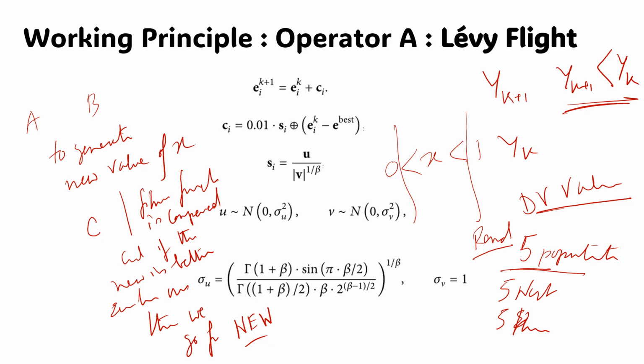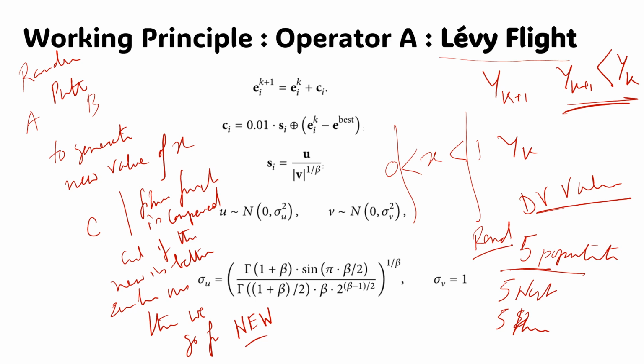Okay, so the formula is for the Levy flight or adaptive flight, because most animals and insects follow a random path while searching for food or searching for a mate. They do not follow any systematic path.